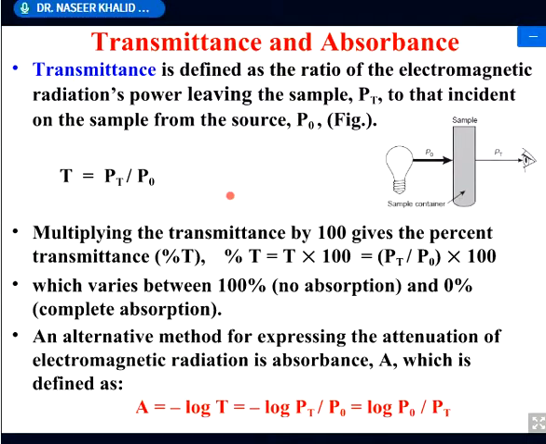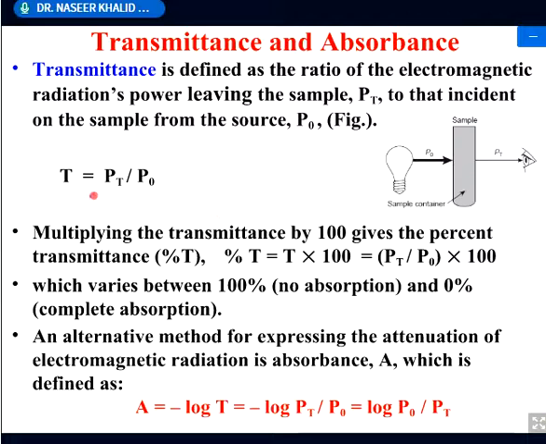Remember, when we have an absorbance value, for example, this is the lamp. It is giving us radiation P0, the initial radiant power. This is the sample, and then it is emitting radiation that is always lesser than P0. So this is how much is being transmitted from the sample.